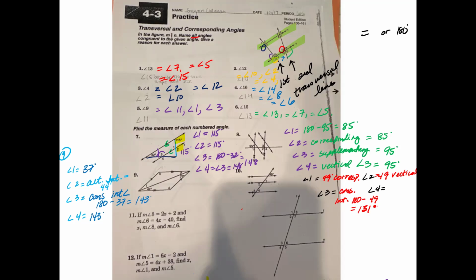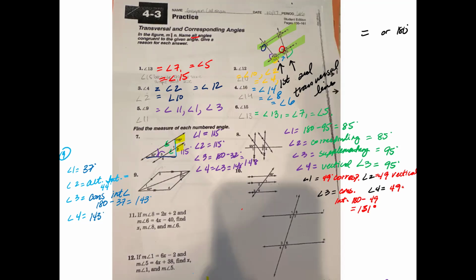What's angle 4? What angle does angle 4 look like? 49. Okay, so that is going to be 49.